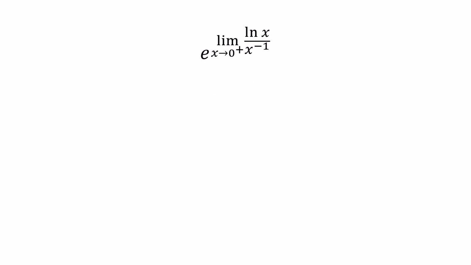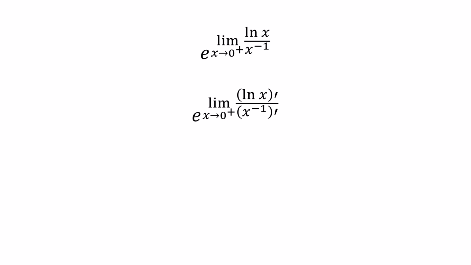Applying L'Hopital's rule, we obtain e to the limit as x approaches 0 plus of ln of x prime over x to the negative 1 prime.